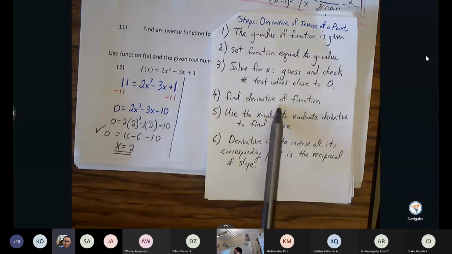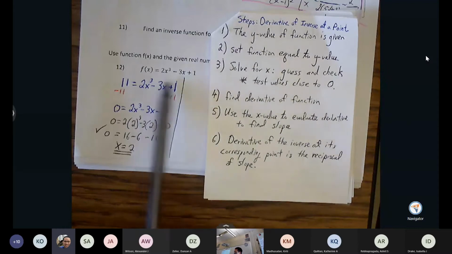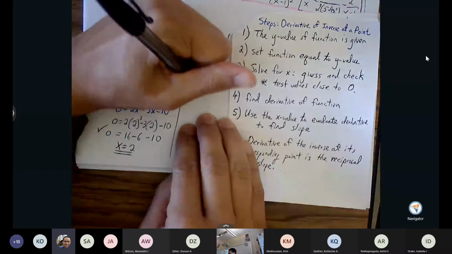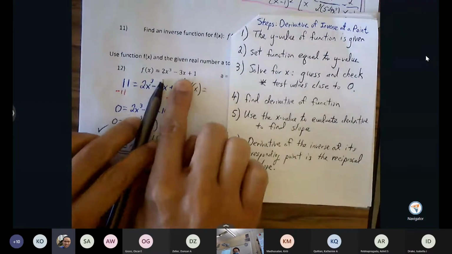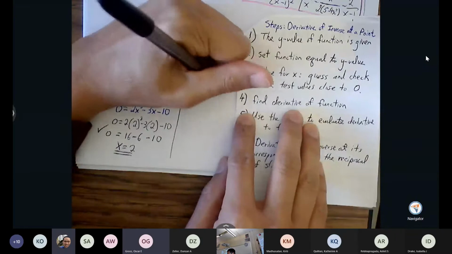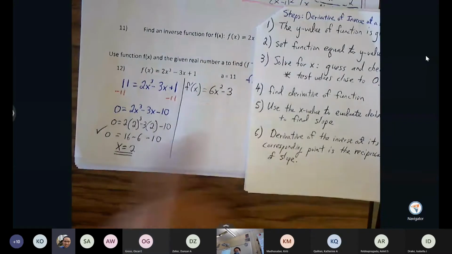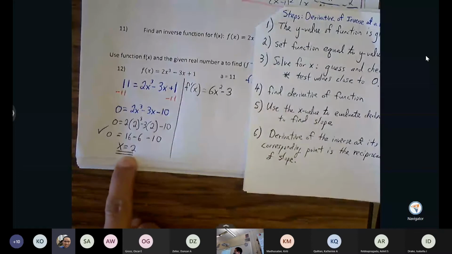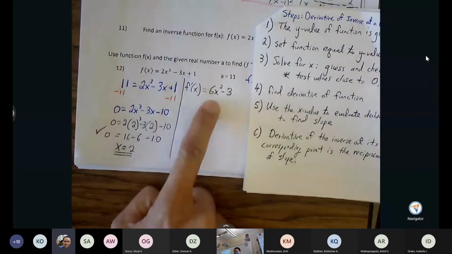Okay, so next we're going to find the derivative. So f prime, what's f prime equal to? 6x squared minus 3. Yeah. This is our slope finding formula. Now you see the reason why we need that 2, right? The 2 is going to help us find the slope.